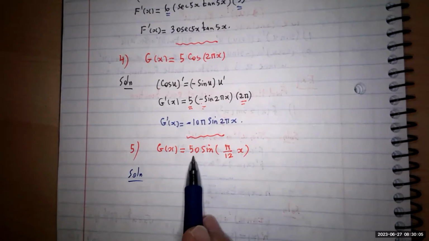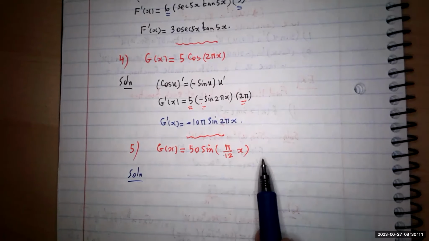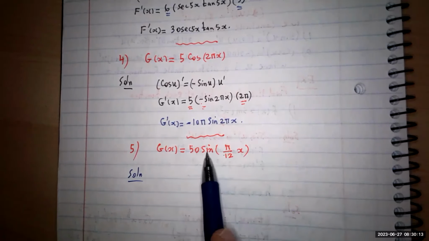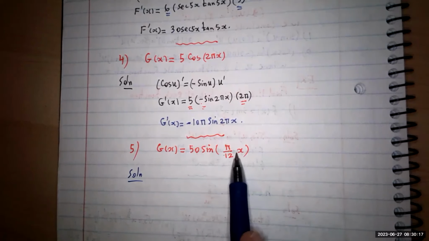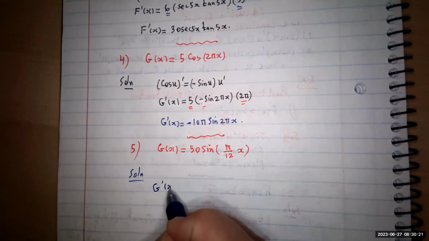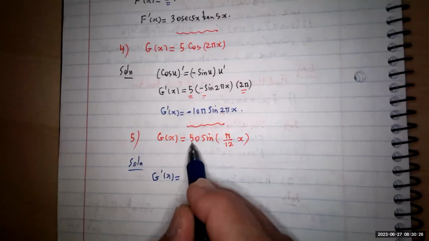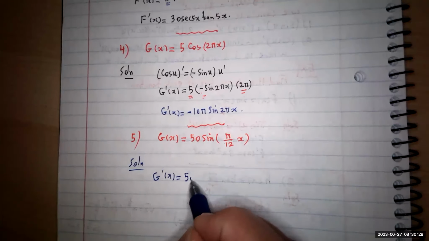Again, 50 is a number, a coefficient, keep it. It's sine of pi 12x, so it's a composition of two functions. So we have to find the derivative of a sine function, which is cosine, and then u prime. So g prime of x is going to be what? We keep the 50 as is.